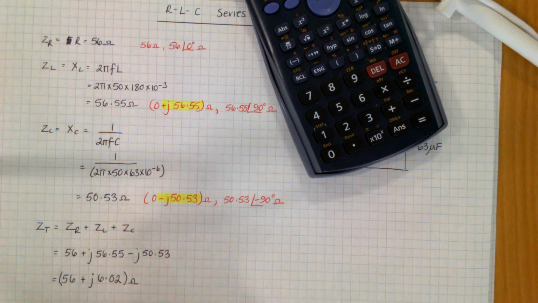That's your total as a rectangular number, and you're also going to need that as a polar number.